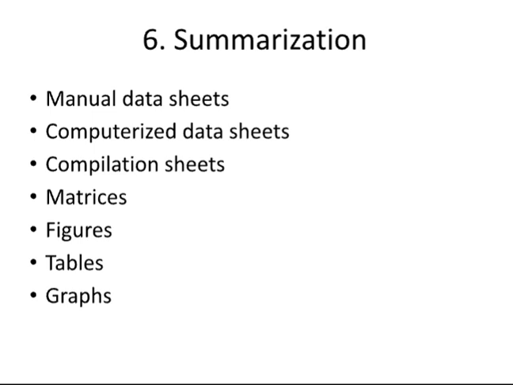For computerized data sheets, a lot of applications and software are available now. You can summarize it in the software. And matrices means you can put it under a matrix or table or figure or graph. You have to show others the easy way, to make them understand your analysis easily.